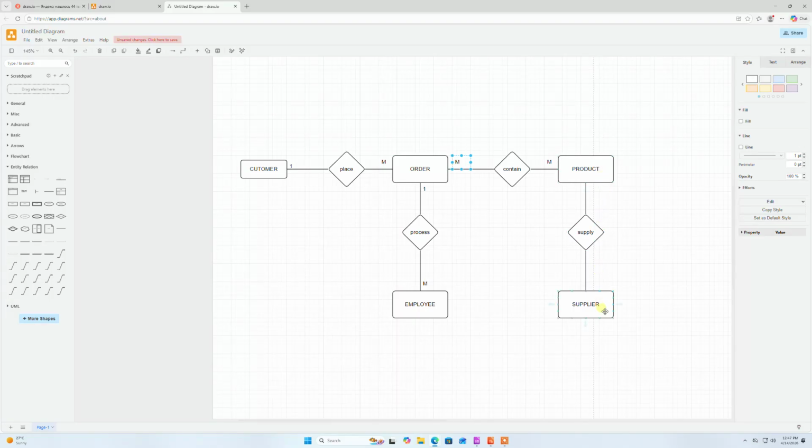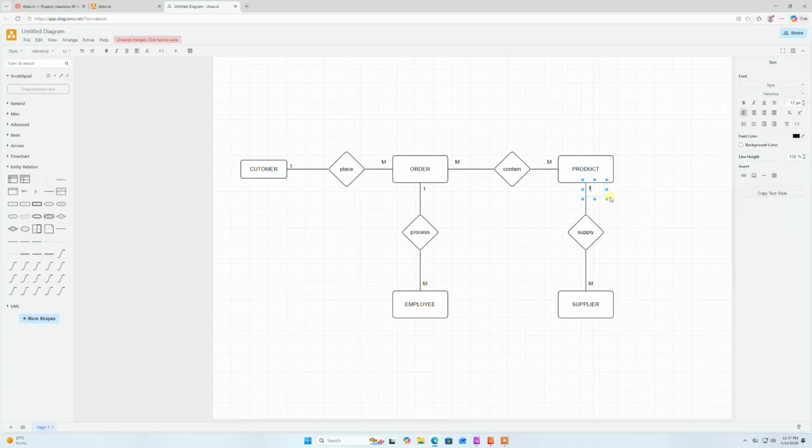For example, if one product is supplied by many suppliers, and one supplier can provide, for example, if we are buying only one product from one supplier, we can make it like this. But if one supplier can provide many products, then that side will also be many-to-many.